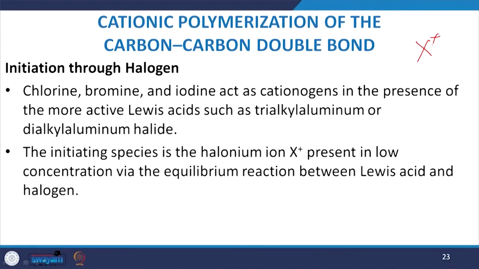Now, the initiating species is usually the halonium ion. Sometimes people may represent it as X plus. This is present in a low concentration via the equilibrium reaction between the Lewis acid and halogen.